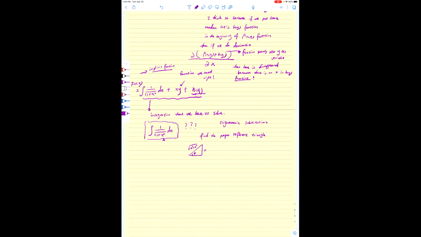One is this. Another one is x equals a sine theta. And another one is x equals a sec theta. And we have this.